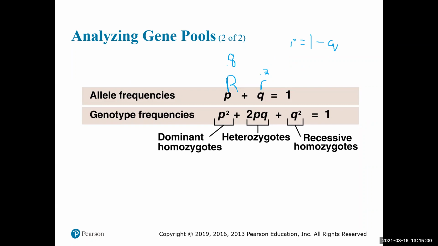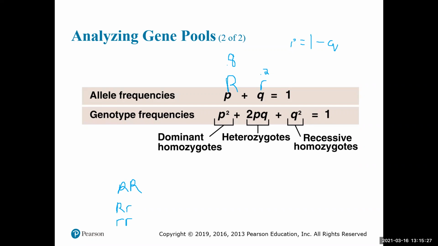Remember, genotypes are homozygous dominant, which means you have 2 copies of the dominant allele. You have homozygous recessive, which means you have 2 copies of the recessive allele. Then you have the heterozygous genotype: 1 copy of the dominant, 1 copy of the recessive.